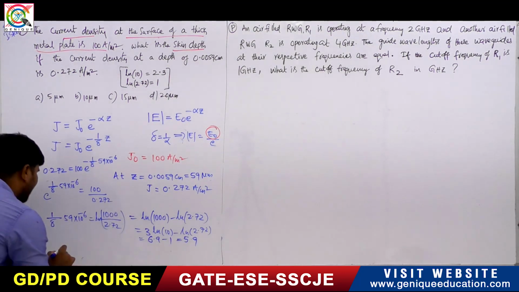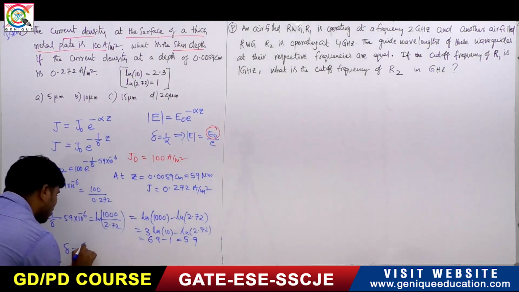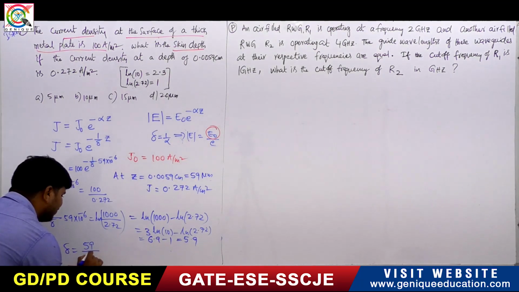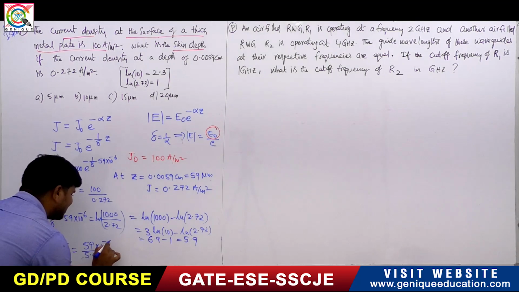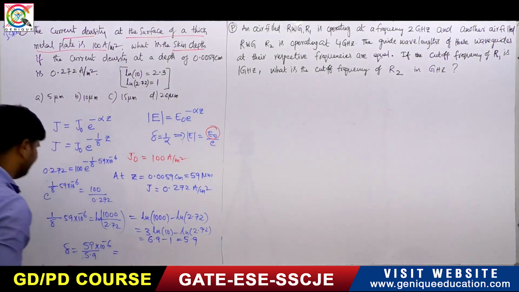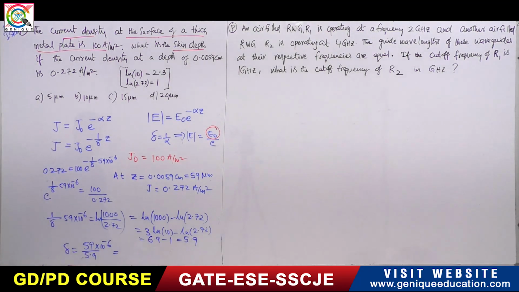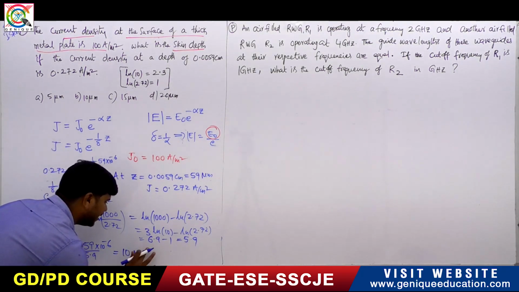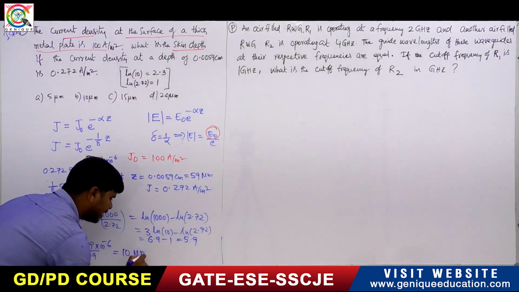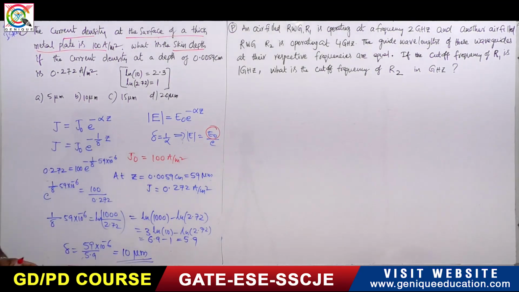So delta is equals to 59 divided by 5.9, times 10 power minus 6. So what will be the final answer? It is 10 micrometers. Answer is 10 micrometers. So this is the final answer.